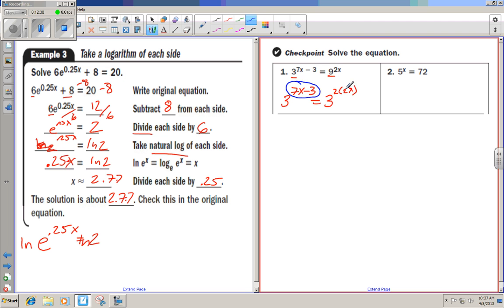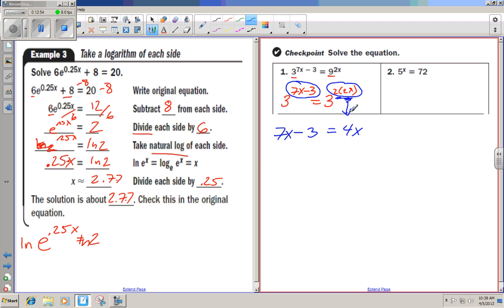This exponent has to equal this exponent for this to be true. So 7x minus 3 should equal 4x. Now some of you might be saying, where did the 4x come from? Right here, 2 times 2x gives me 4x.